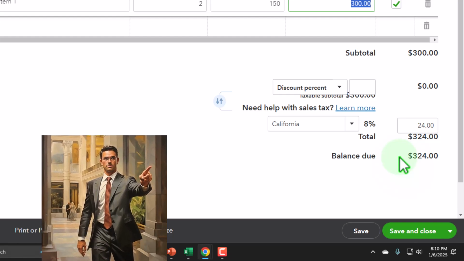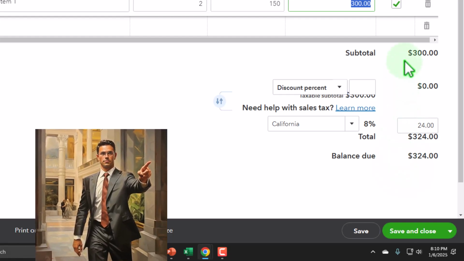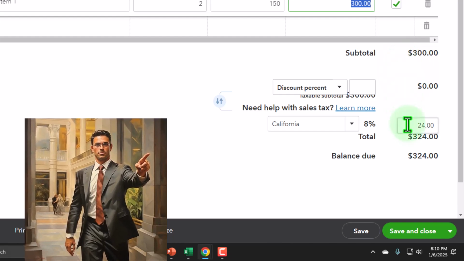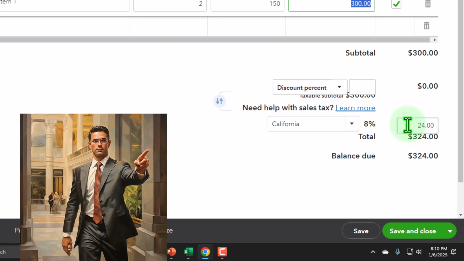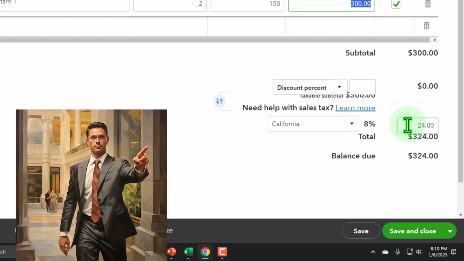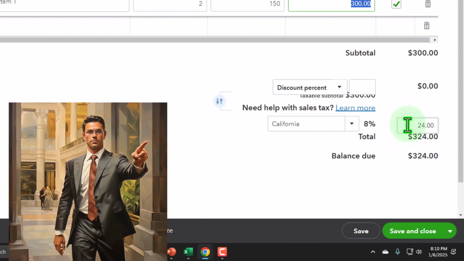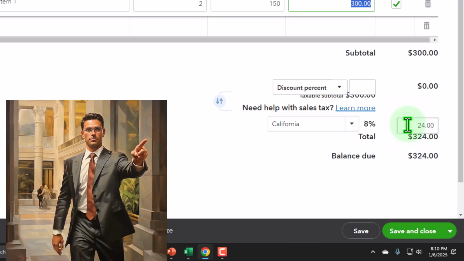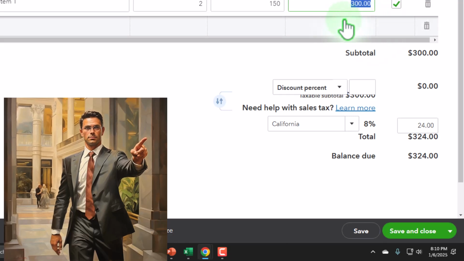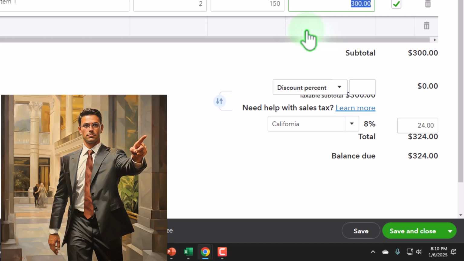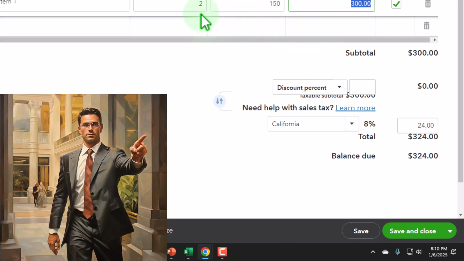The other side's going to go to revenue, but it's only going to be for $300, not including the sales tax. And then the sales tax is going to increase a payable account, like sales tax payable, a liability. Not only that, but the inventory is going to go down, not by the $300, but by the cost, which I think we said was $100, so it would be $200 for 2 of them.